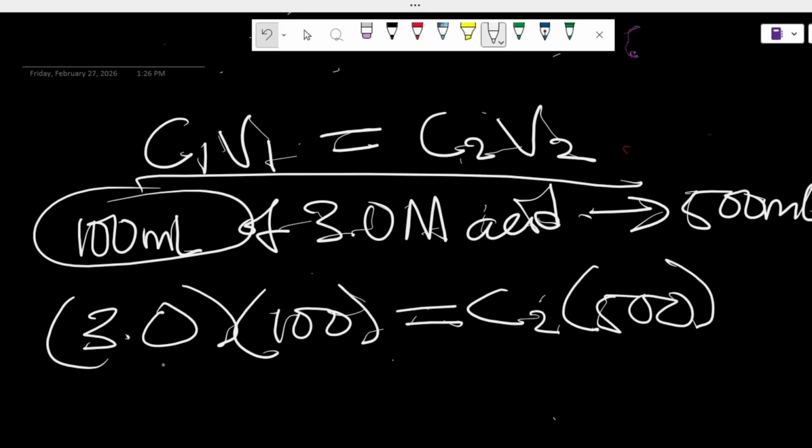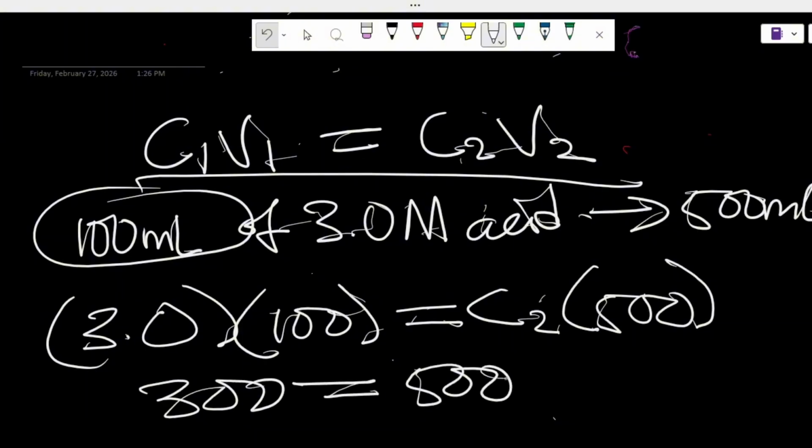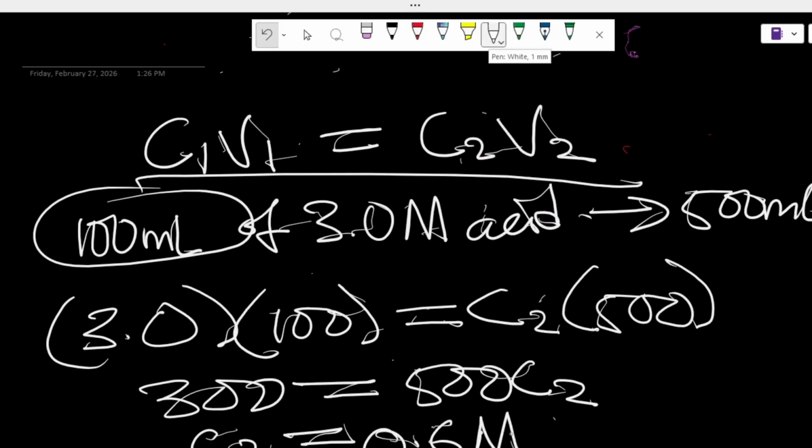So this is going to be 3 times 100 is 300, which is equal to 500 times concentration 2. And so we can solve for C2, and when we do that, C2 is going to give us 0.6 M, which is molarity.